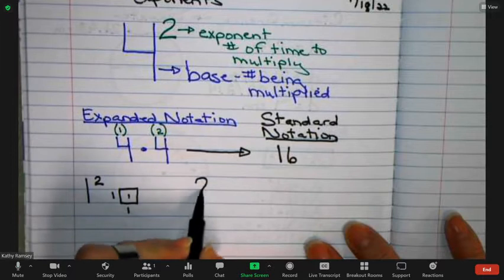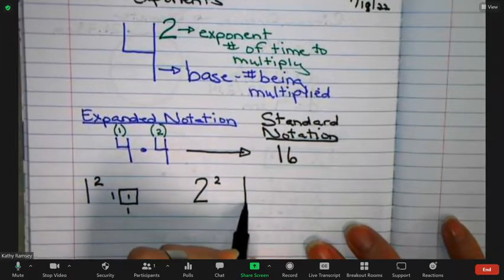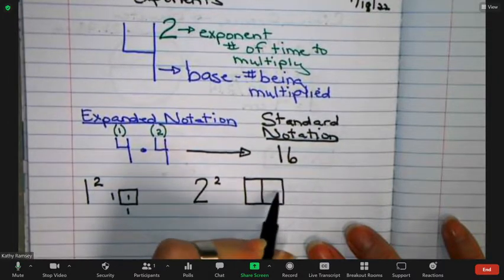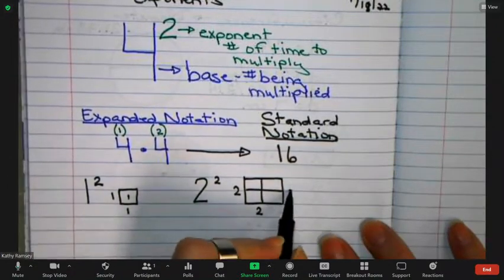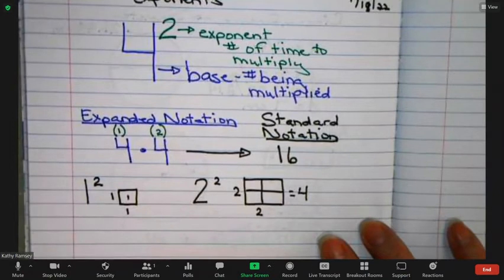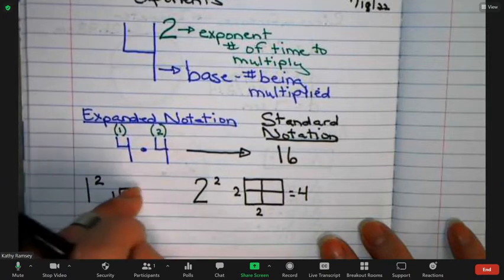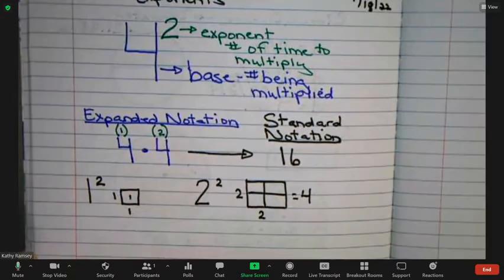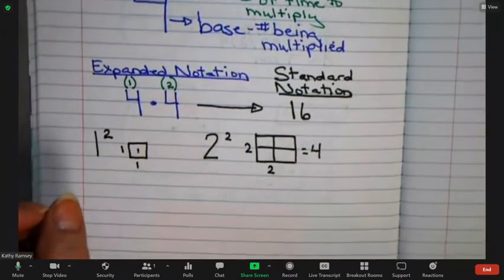If I had 2 squared, I'd have 2 by 2, which is 4. Does that make sense? It's like we're multiplying it by itself as if it's a square.